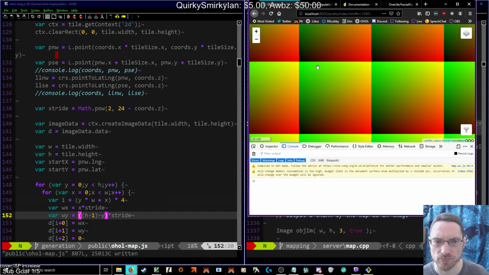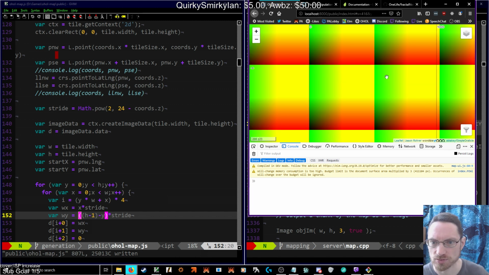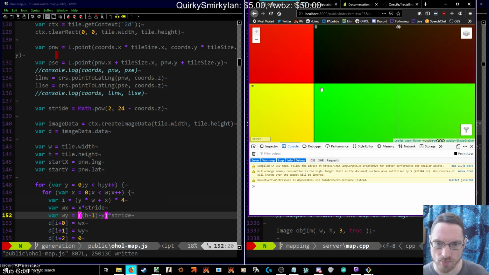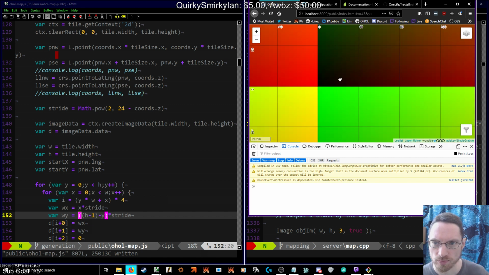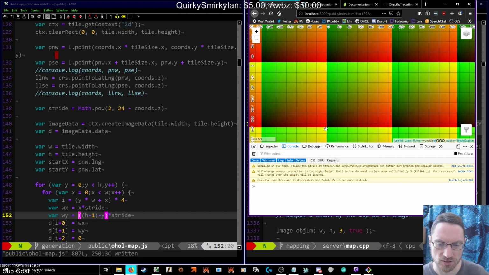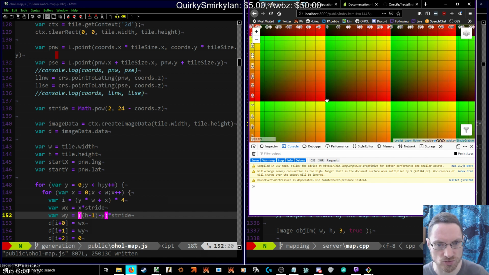Okay, so yeah, as we approach, then we overflow. But for world coordinates on the scale of 256, this is world coordinate 0, 0, increasing in x, increasing in y, increasing in both.